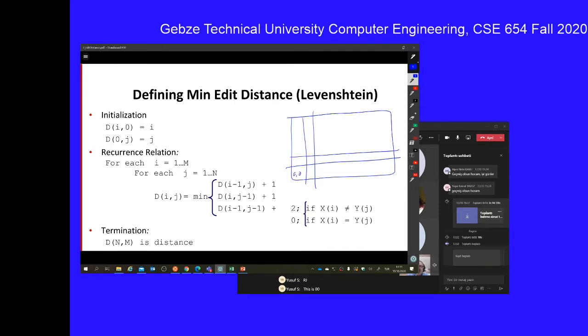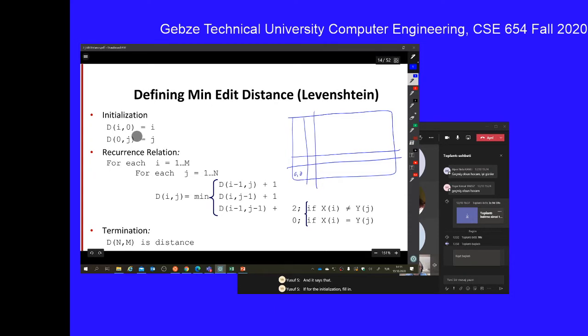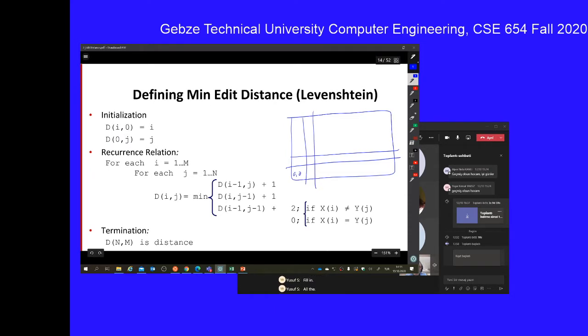I said 1,1, but we start from 0,0. 0 has a meaning, and we will see it. For the initialization, fill in all the row zeros and column zeros with i and j. So it's going to be 1, 2, 3, 4, 5, 6. It's like that, right?